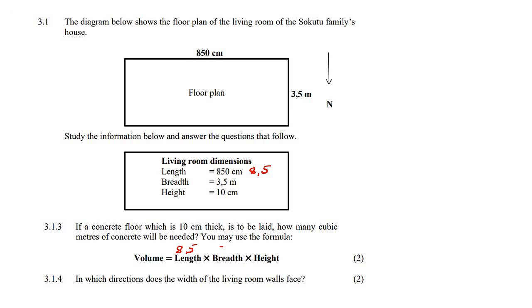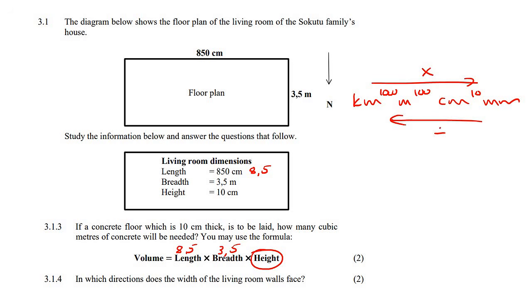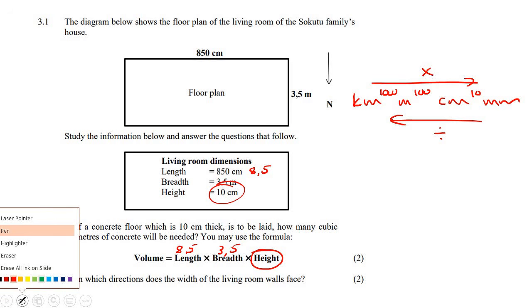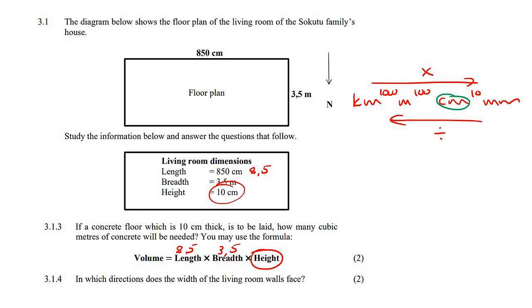The breadth we know is 3.5. So we need to change the height now to meters. Remember once again, it's 1,000, 100, 10, and if you go this way, multiply. If you go this way, divide. So if we have 10 centimeters and we want to convert that into meters, we're going this way. To go from centimeters to meters, you go left, and that means divide.